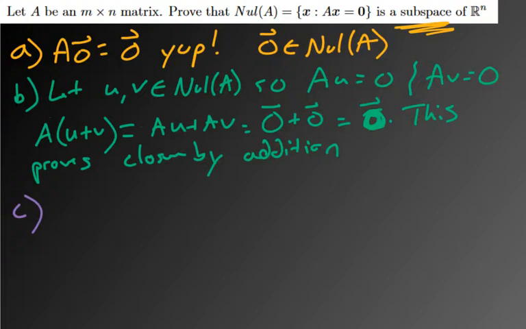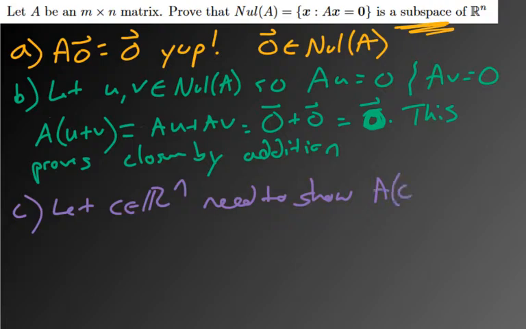Okay, so we're going to let C be in Rn. And we need to show that A times C U equals 0 for any given U in the null space of A.